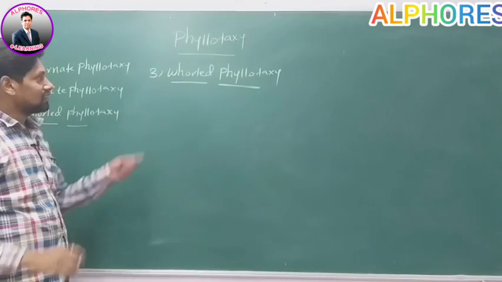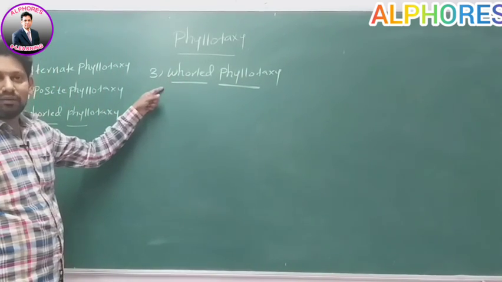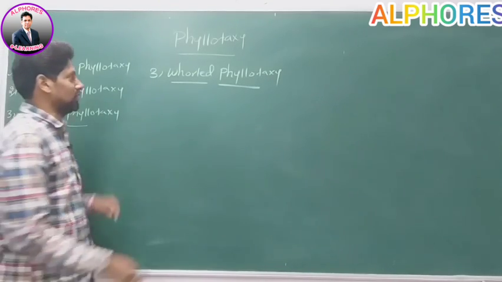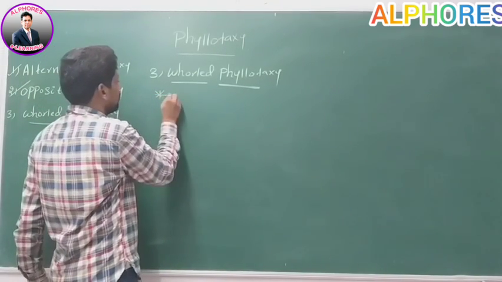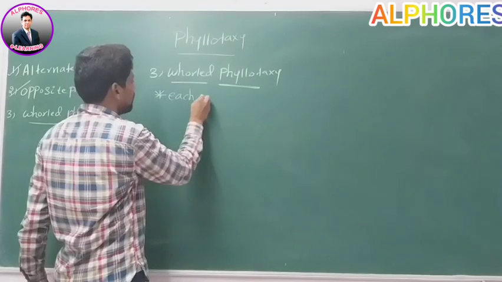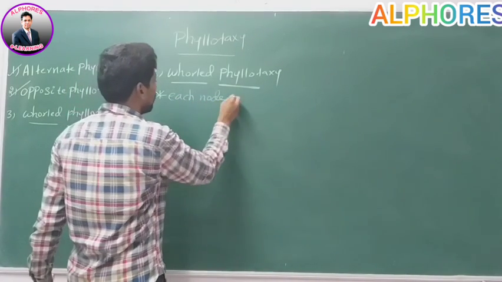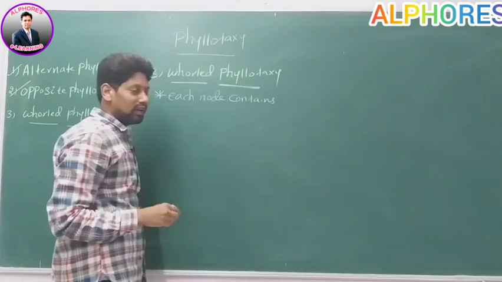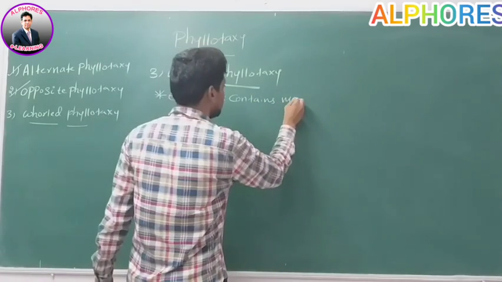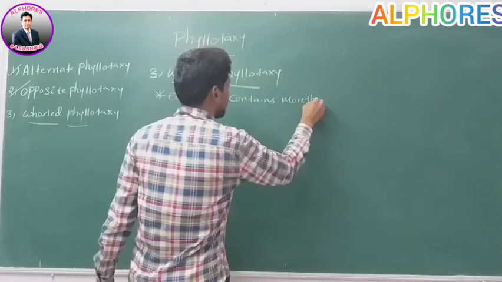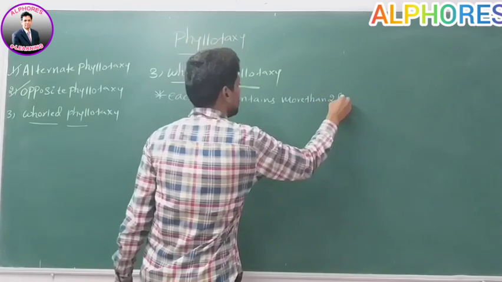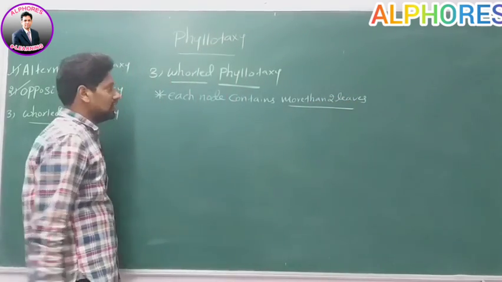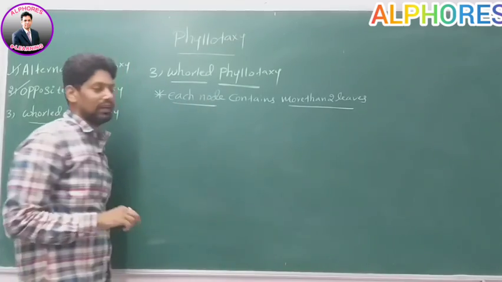Now listen here, sir. In whorled phyllotaxy, each node contains more than 2 leaves. Each node contains how many leaves? More than 2 leaves. In which phyllotaxy? Whorled phyllotaxy.